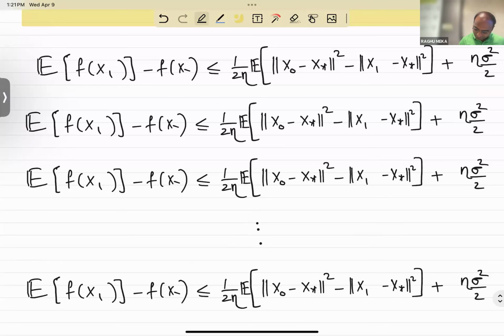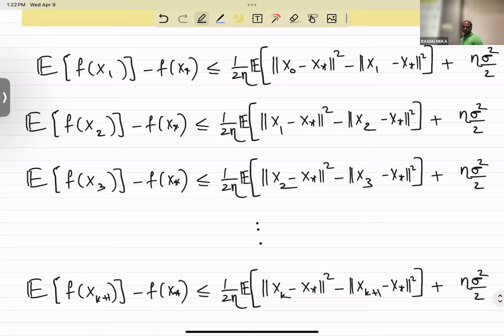Okay, so we get x_2 with 1 and 2, x_3 with 2 and 3, x_{k+1} with k and k plus 1.